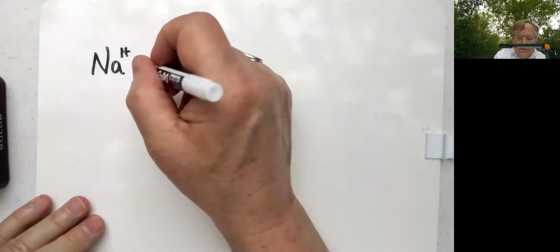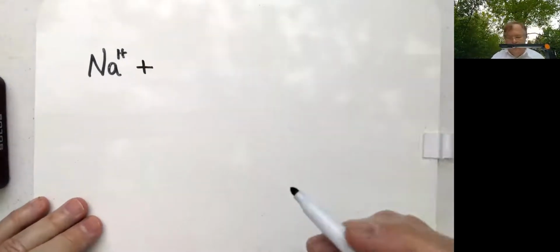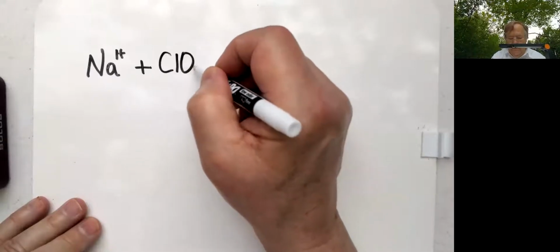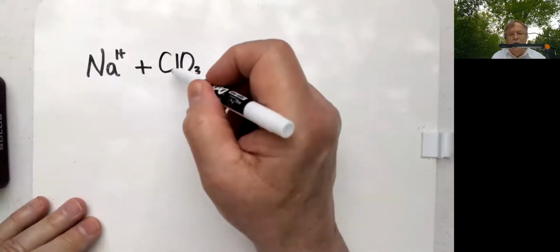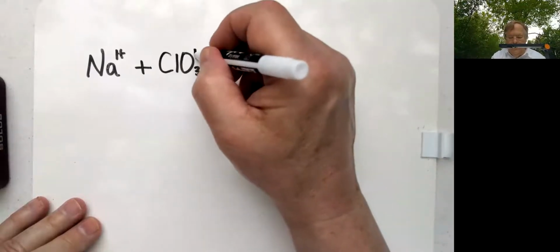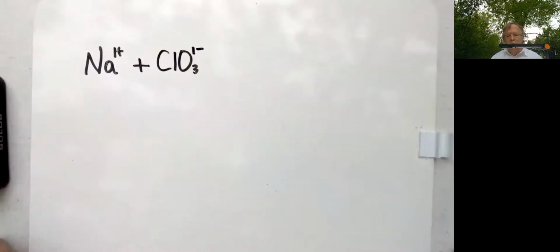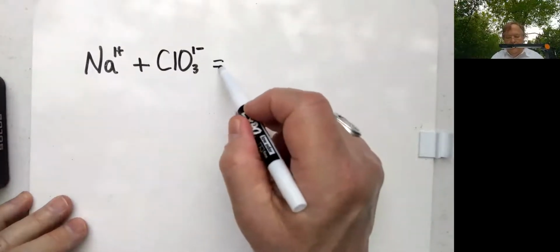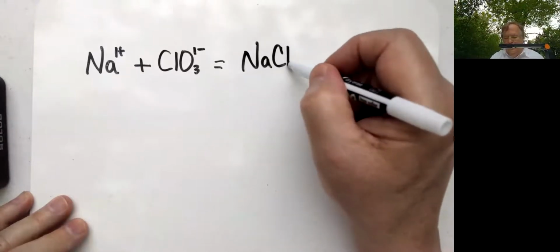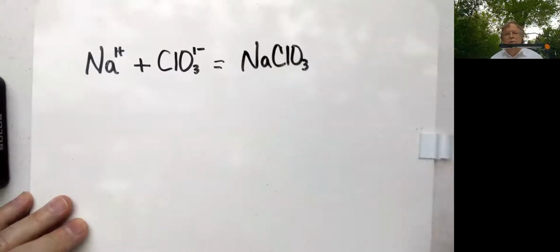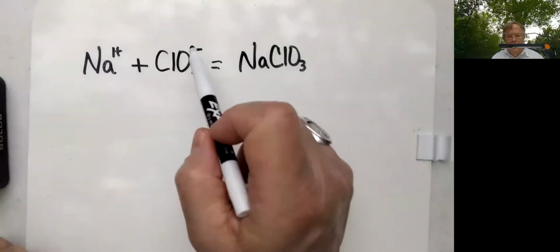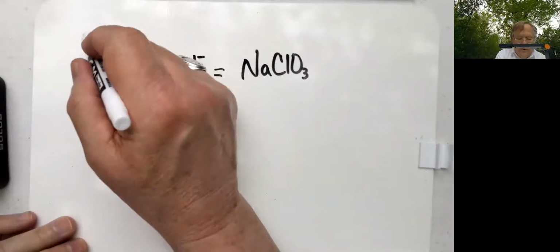Then when it reacts with one of these polyatomic ions, for instance, let's use chlorate to start off with. And this is chlorine now, that's an L, it's not an I. Okay, this is chlorate, it's a negative 1 charge. When we put those together, we end up with a formula that looks like this. We just write them right beside each other. The charges cancel, just like we did with chlorine.